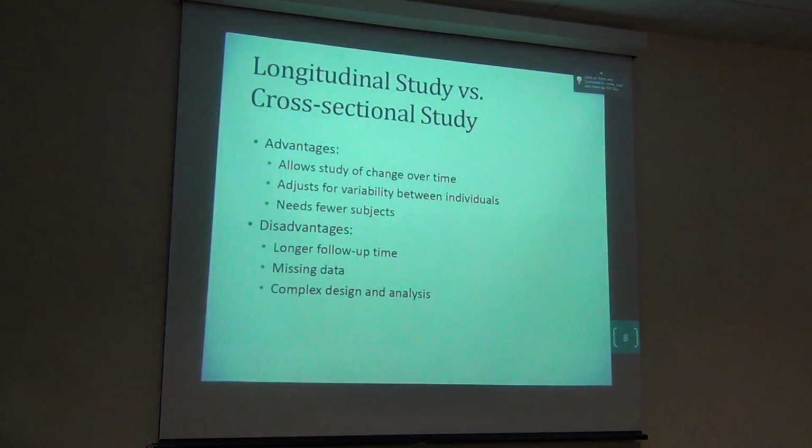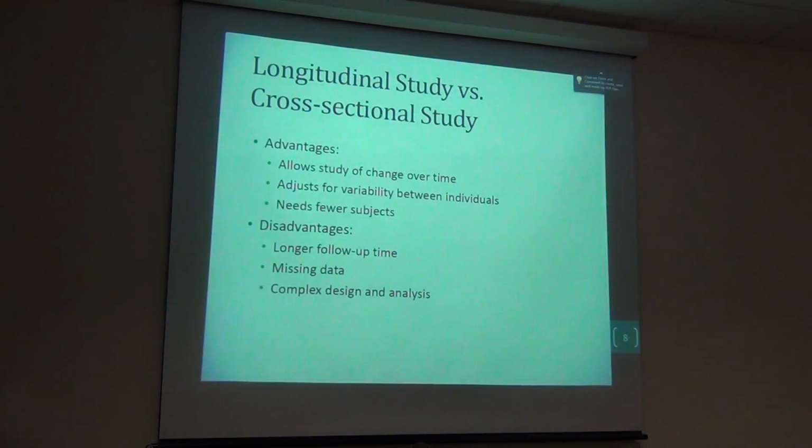So like I say, longitudinal studies are designed so that they give you the means to estimate the change over time. And because you collect information at enrollment and at different time points, you can adjust for the variability between individuals. Let's say in the previous example, we had measurements at enrollment and at 1, 2, and 3 months.